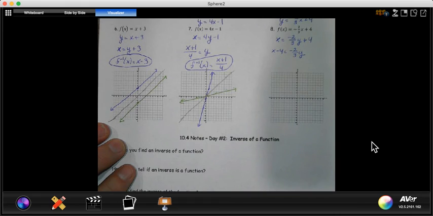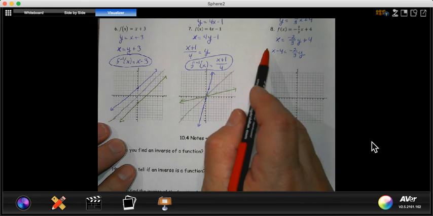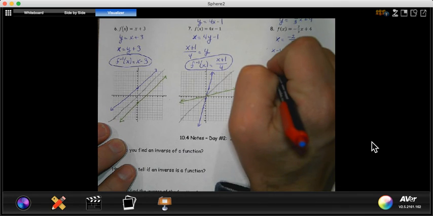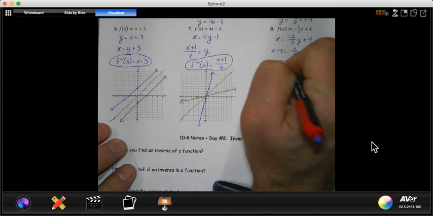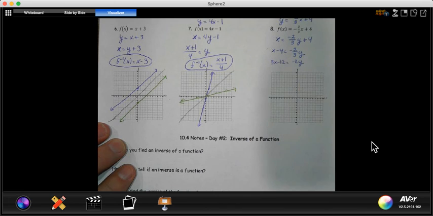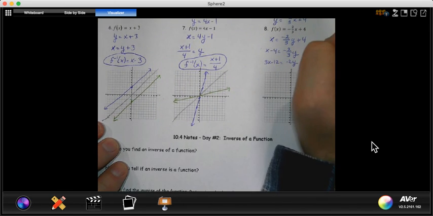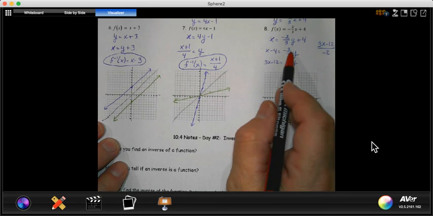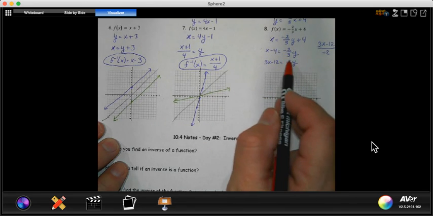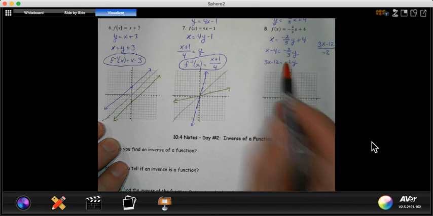And then we're going to unwrap this, right? You're going to times it by 3. So that's 3x minus 12 is equal to -2y. And then you're going to divide by -2. So that's 3x minus 12 divided by -2 is equal to y. That's the opposite of timesing by -3/2: times by 3 and then divide by -2.